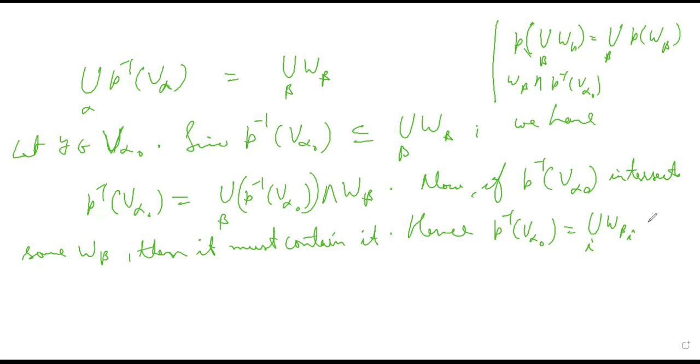So we have to have this because of this line. Now, P restricted over W beta I, because obviously these W beta are open in X1 tilde, and P1 restricted over W beta I from W beta I to V alpha naught, right?